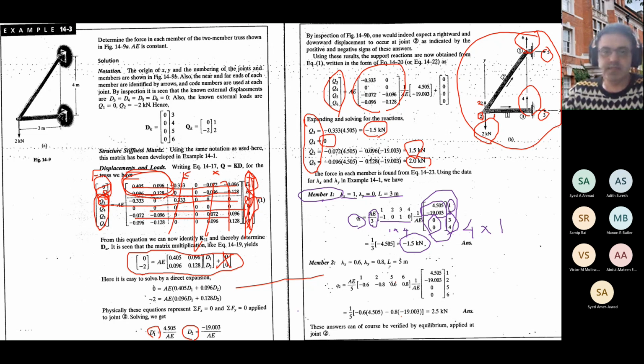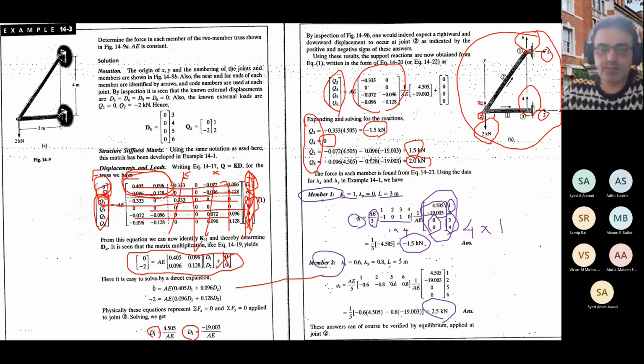And if you do the same for element number 2, you will come up with 2.5 kilonewton for element number 2. And as you know, for truss structures, you only have one axial force inside the element, nothing more. So you only have either a tension or compression axial force in your element.